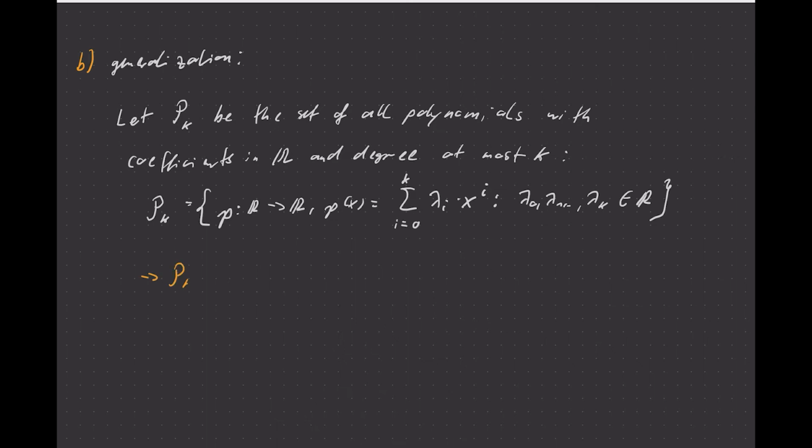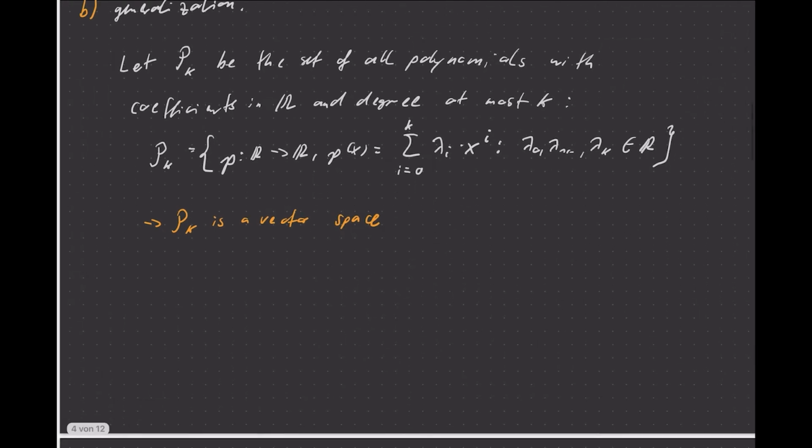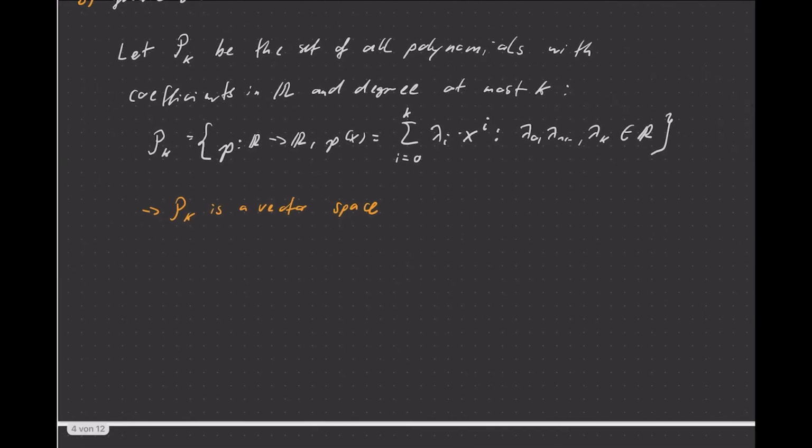And that is a vector space. The reasoning is the same as above, and as you have already guessed, hopefully this even contains the more special case of affine linear functions. That is simply the case k equals 1. So an affine linear function is a polynomial of degree at most 1.